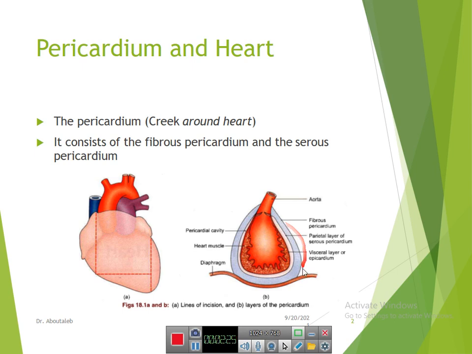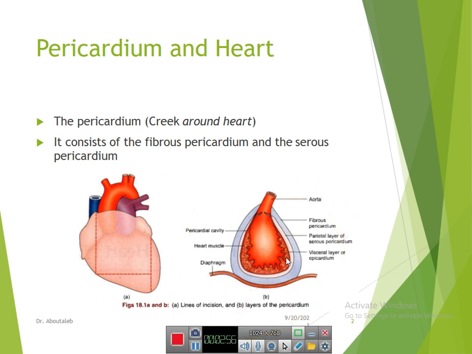As you can see in the figure B, a part of the body is sectioned, and there is a fibrous pericardium, its outer layer, and the serous pericardium that contains two layers. The outer one is the parietal layer, and the inner layer is the visceral layer.